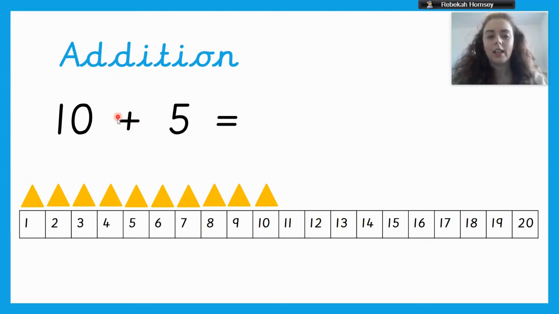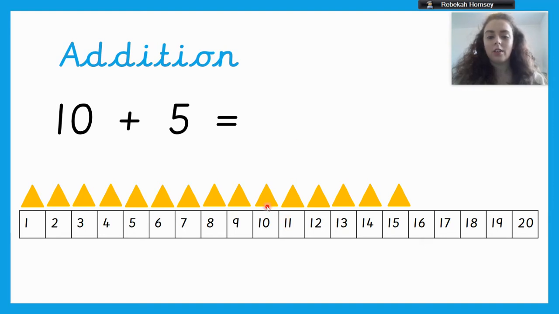Now it says add. So I need to add 5 more, which means I need to get 5 more. So you go ahead and get 5 more of whatever you're doing. I'll start getting mine now. 1, 2, 3, 4, 5.